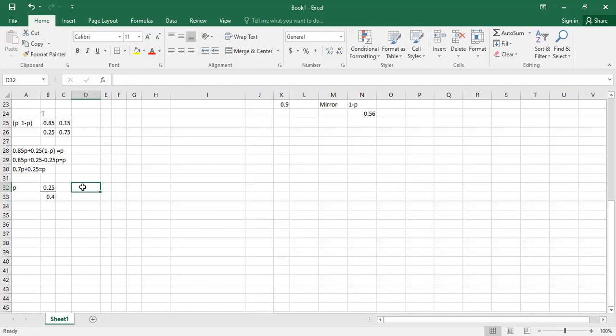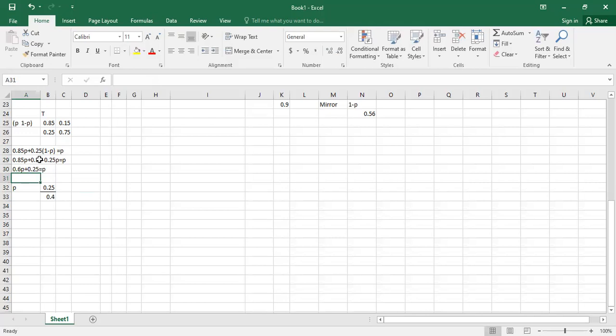When you get 0.7 P plus 0.25 is equal to P, it's going to be P minus 0.7 P. I'm getting 0.3. Why are you getting 0.4? It's supposed to be 0.6.